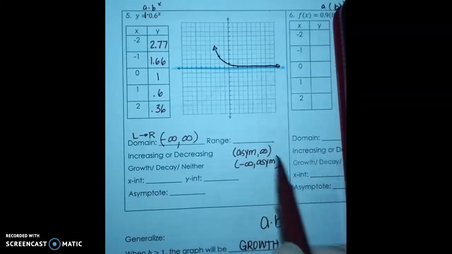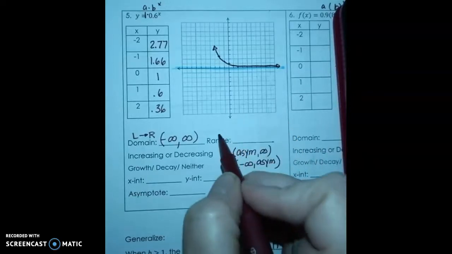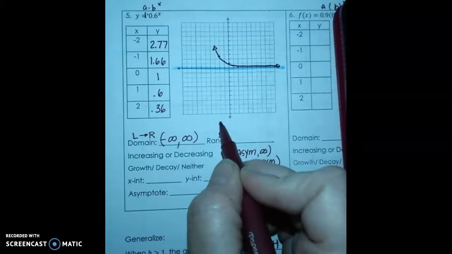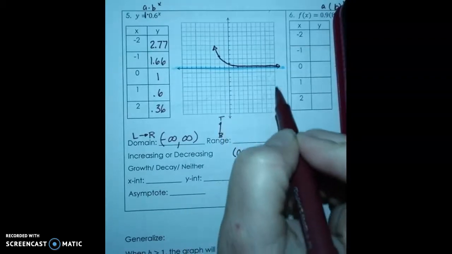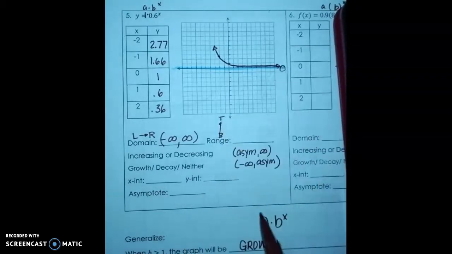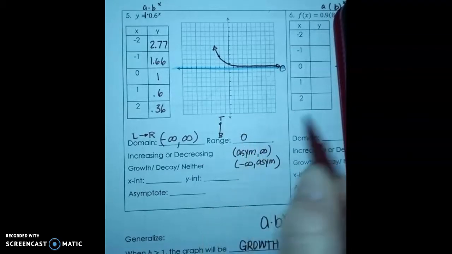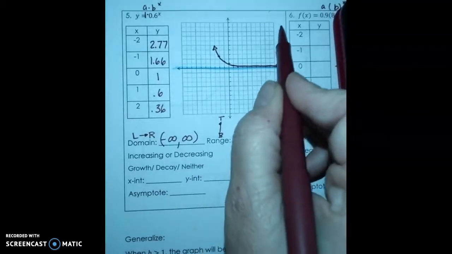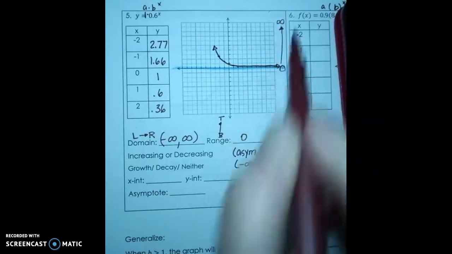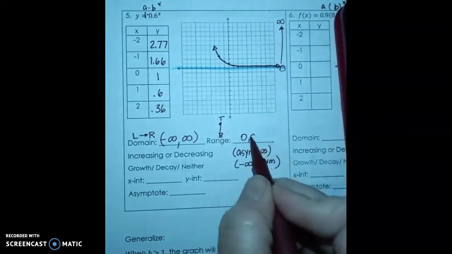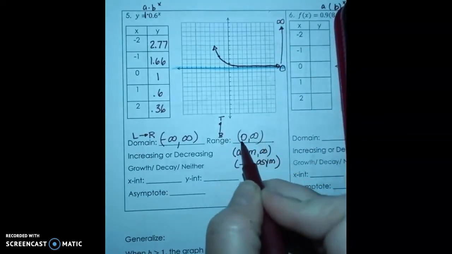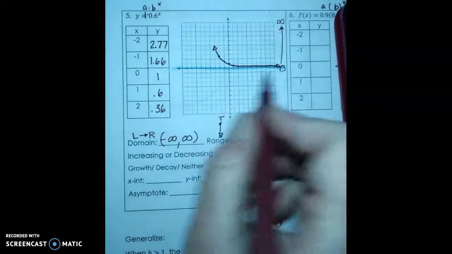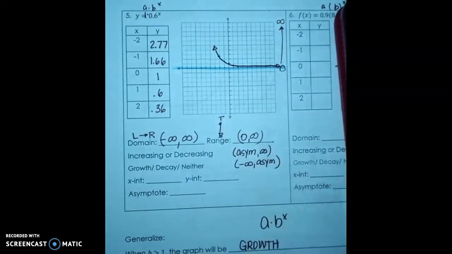Well, when I look at this, and I start at the bottom of my graph, because we always read range bottom to the top, there isn't anything until I get to the asymptote, which is where y is 0. And from there, it continues going up forever into infinity. So this range will be 0 to infinity.